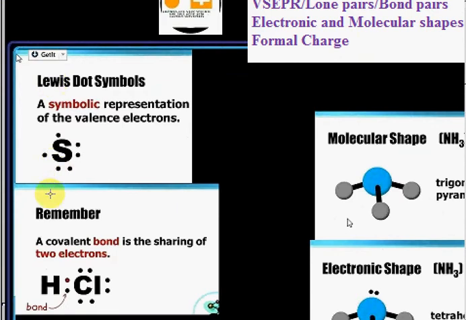So if you look at another example of a Lewis dot symbol, we're looking at one down here. This is HCl, and we're looking at covalent bonding, but we're looking at the particular electrons that are encircling the chlorine and the hydrogen. So first of all, let's have a look at the lone pairs.